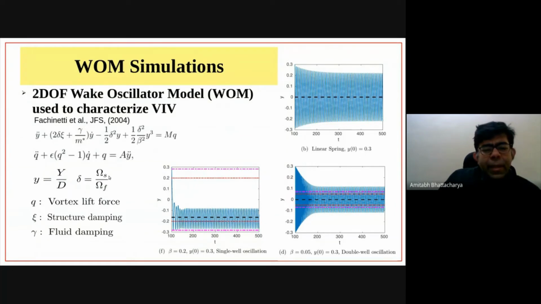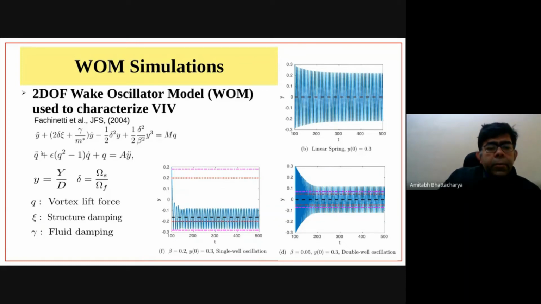This is basically a proxy for reduced velocity. Then this part here is the spring potential coming into the picture, the restoring force due to the spring potential. On the right hand side, you have a forcing term because of your lift forces. This Q is the non-dimensional lift force.